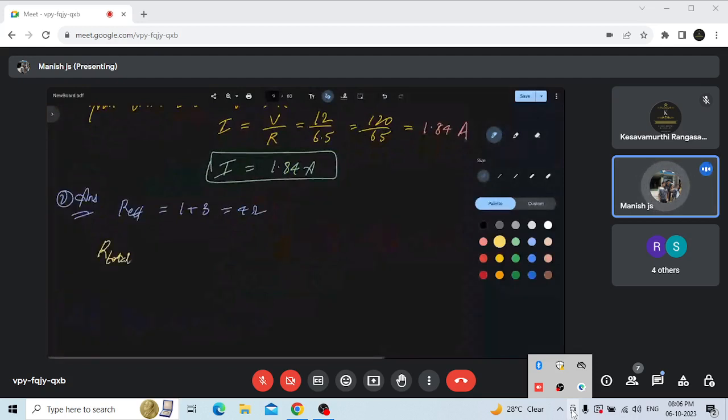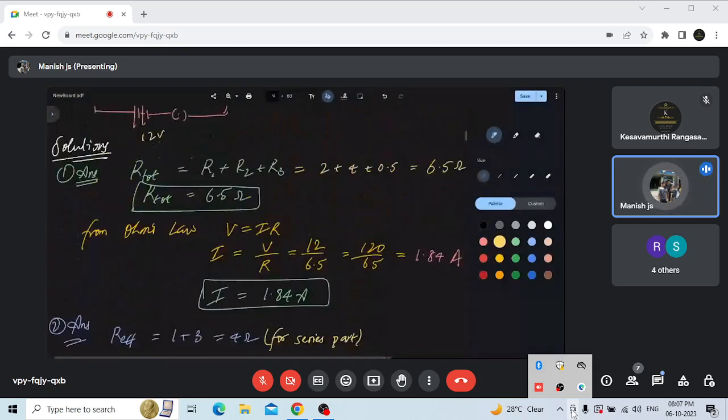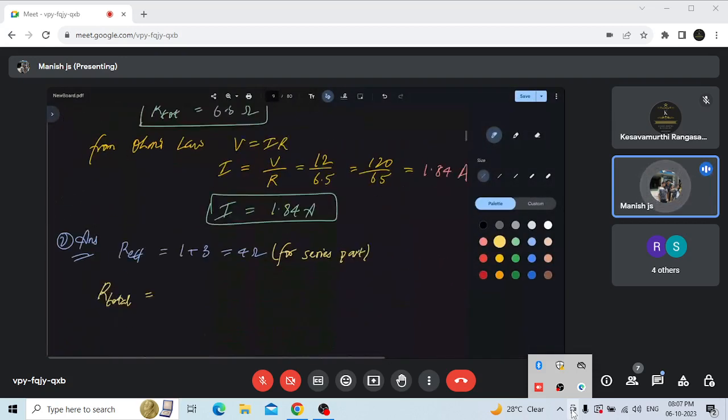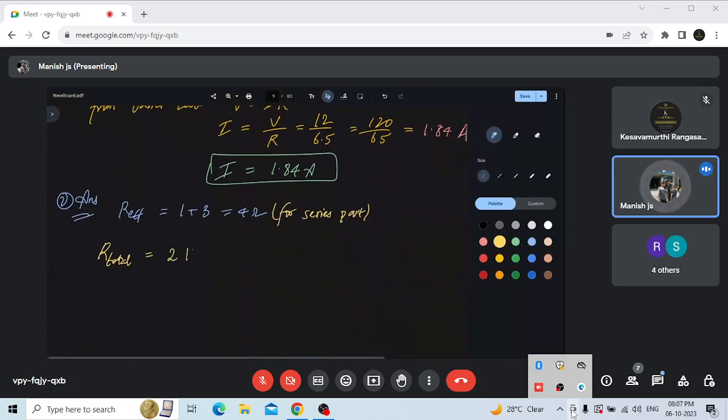This is only for the series part in between. So then you can see the total resistance: 2 is parallel with 4 and that is in parallel with 0.5.